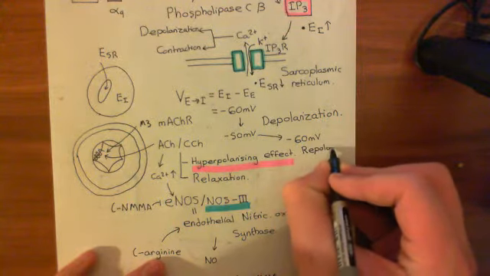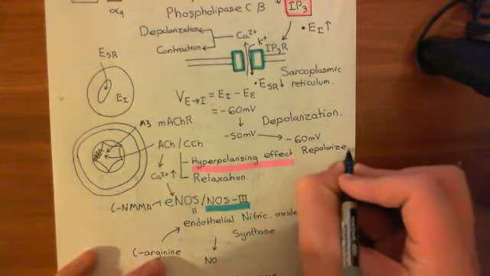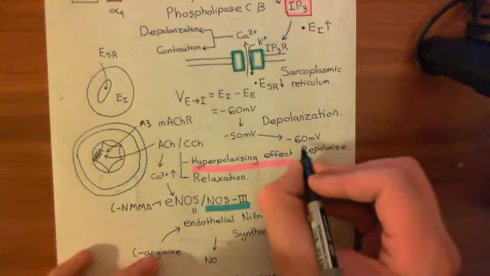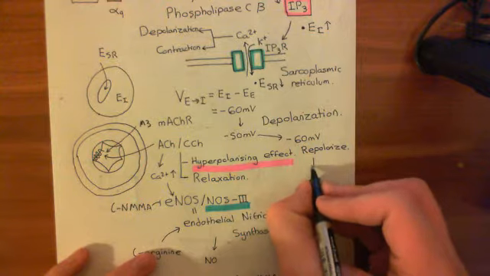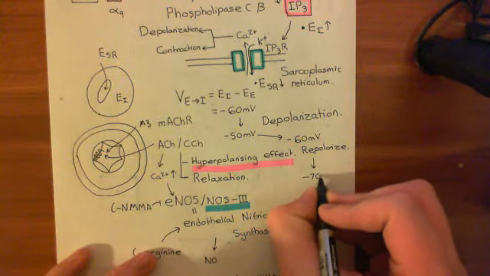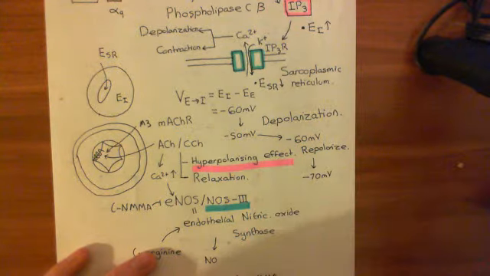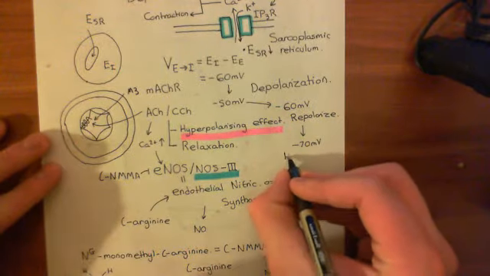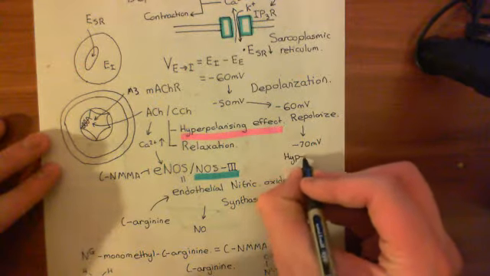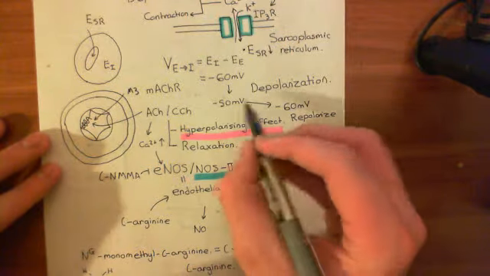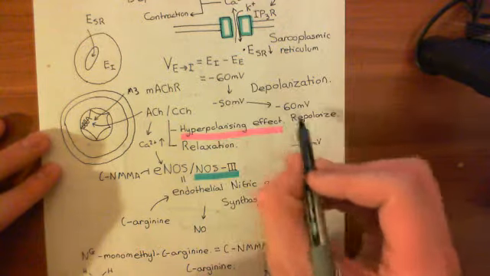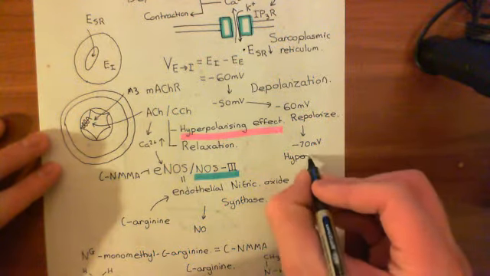So when you are correcting a depolarization, it's called repolarization. When you go beyond, maybe to -70 millivolts, beyond the normal resting membrane potential across the cell membrane, that would be a hyperpolarization. However, a hyperpolarizing effect just means taking the electrical potential difference across the membrane to more negative levels, basically.